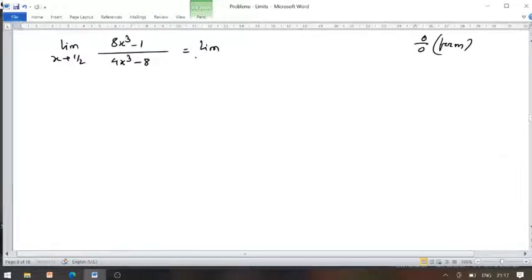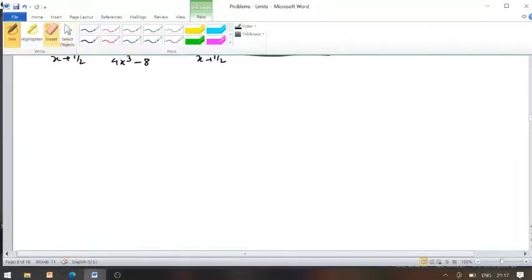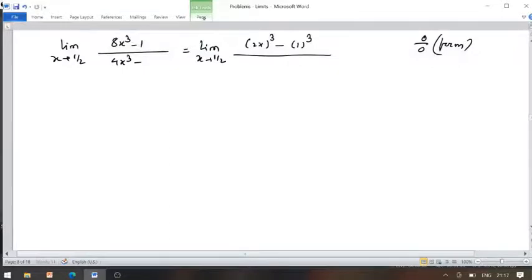Now, as everyone knows, 8x cube we can write as twice x the whole cube, while 1 cube is itself 1, divided by the denominator of the form 4x cube minus x. After taking x common from the denominator, because each and every term in the denominator has at least 1 x, we can easily take it outside. So we get x times 4x square minus 1.